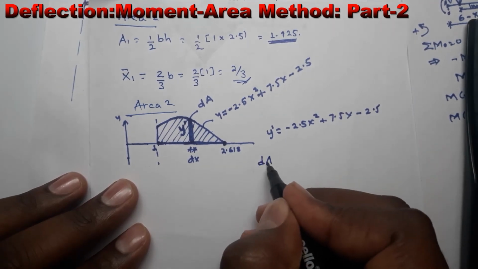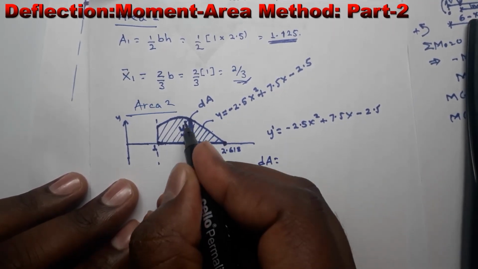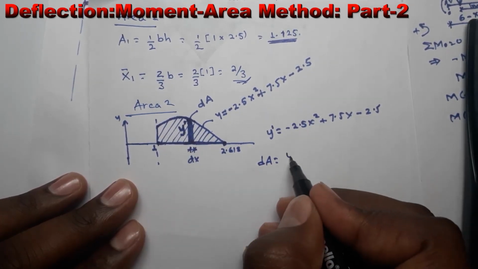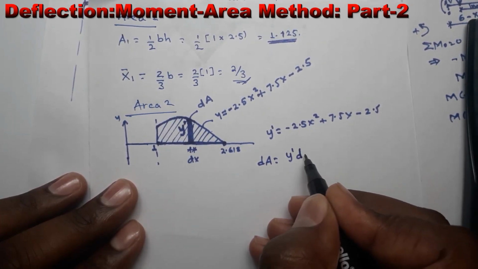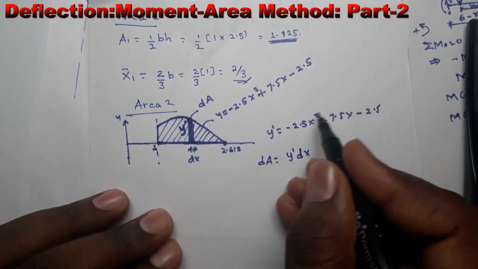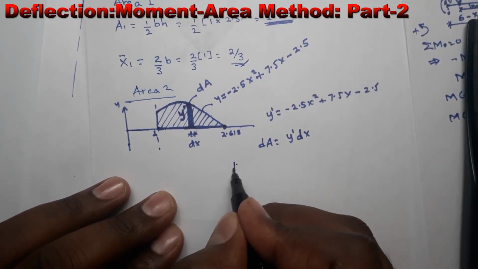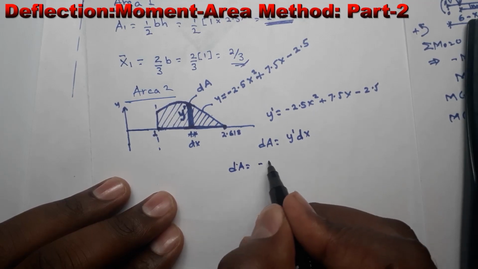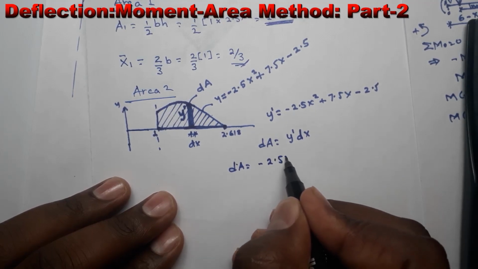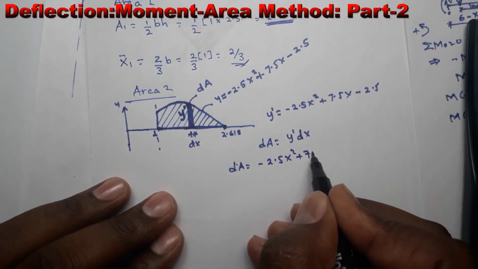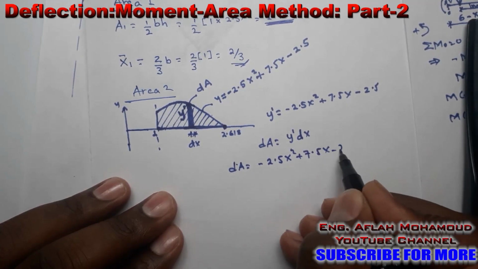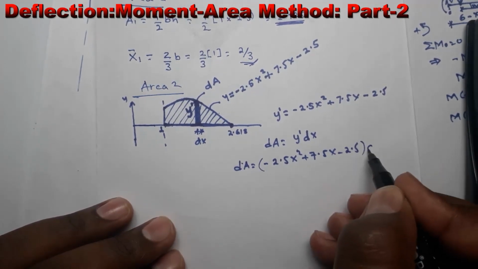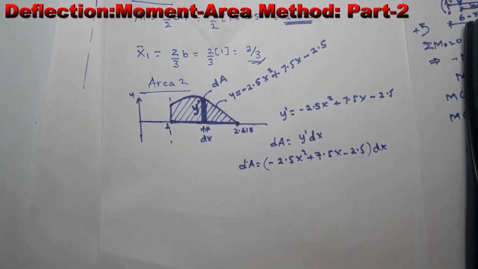So dA equals this times this one, so it is y prime times dx. Y prime is already this one, so dA equals negative 2.5 x squared plus 7.5 x minus 2.5 times dx. This is dA.